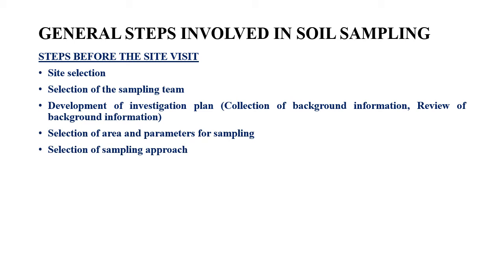Okay, and obviously since you have done a background study on this and you have identified the sources and the possible type of contaminants, then you can look for those specific contaminants when you are applying a certain sampling procedure.